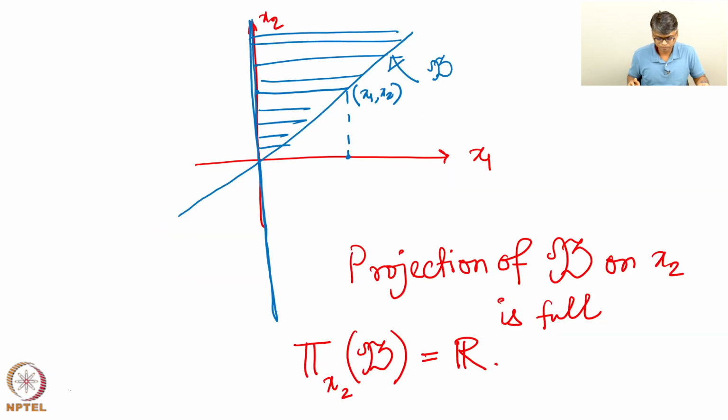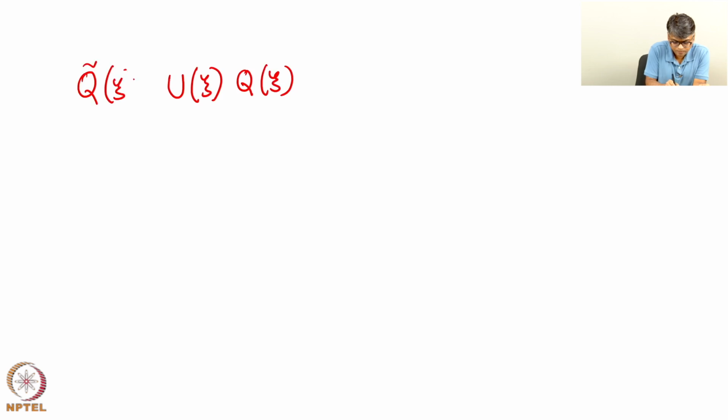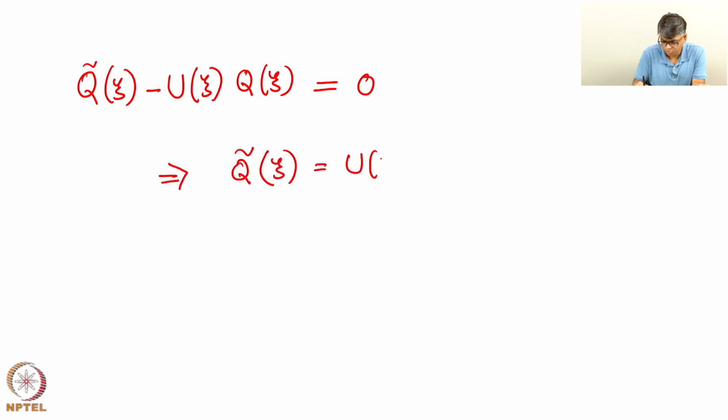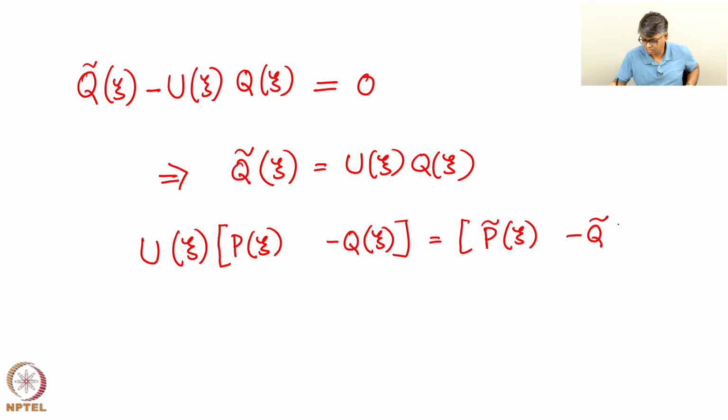Any non-zero operator will at least leave out some of the trajectories and will not take them to 0. So that means q tilde xi minus u xi q xi is the 0 matrix, which then obviously means q tilde xi is equal to u xi q xi. But then what does this mean? This means together u xi acting on p xi minus q xi is equal to p tilde xi minus q tilde xi.